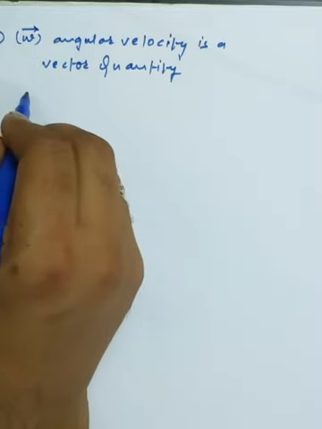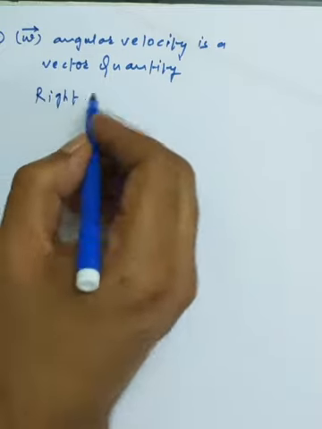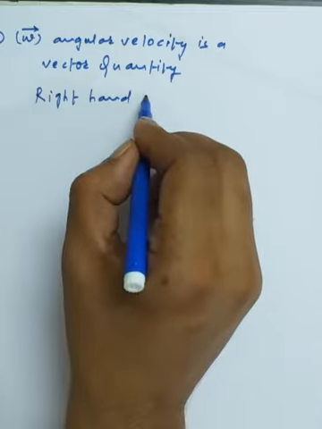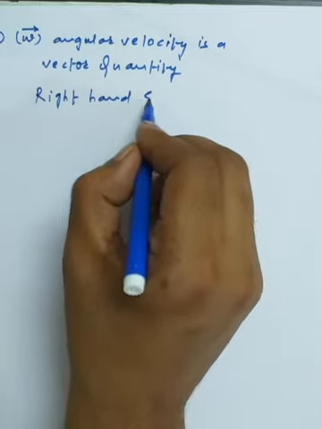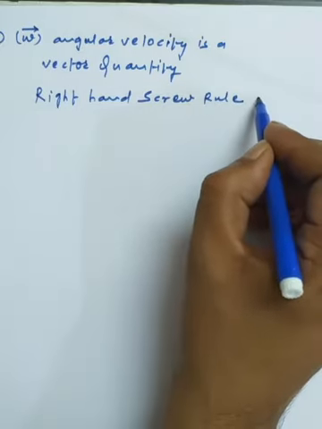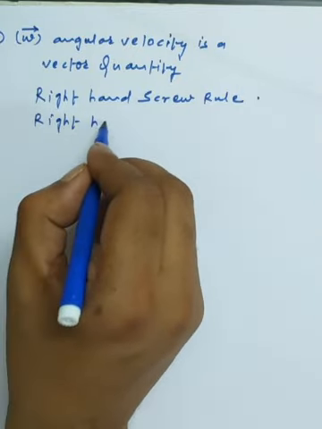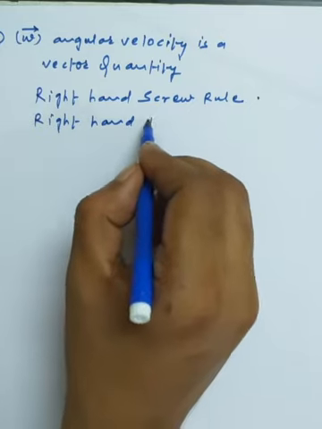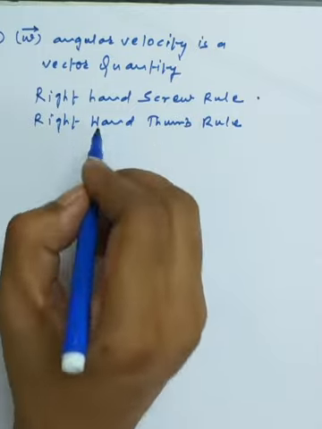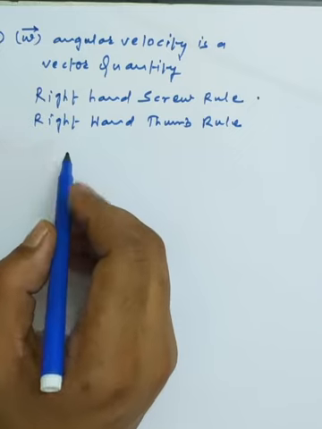We are using two concepts: the right hand screw rule and the right hand thumb rule. These are the two basic rules we have to find out the direction of angular velocity.